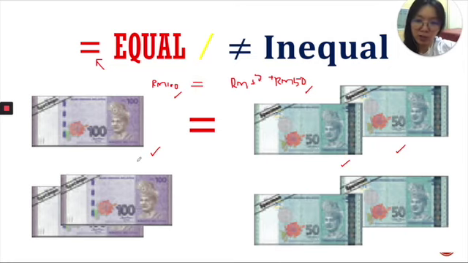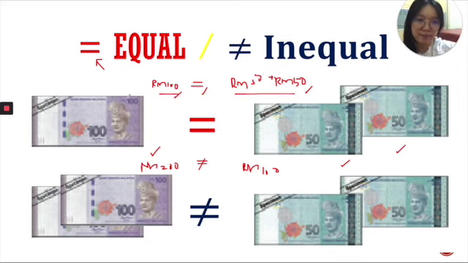What if on my left I have 200 ringgit, but on my right I only have a total of 100 ringgit? Can I put an equal sign? No, you can't. You have to put an unequal sign. So when I have an equal sign, the left and the right have to be the same in total.